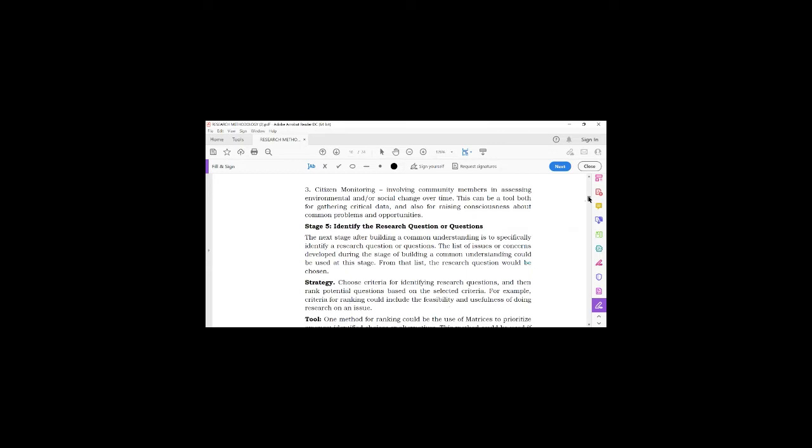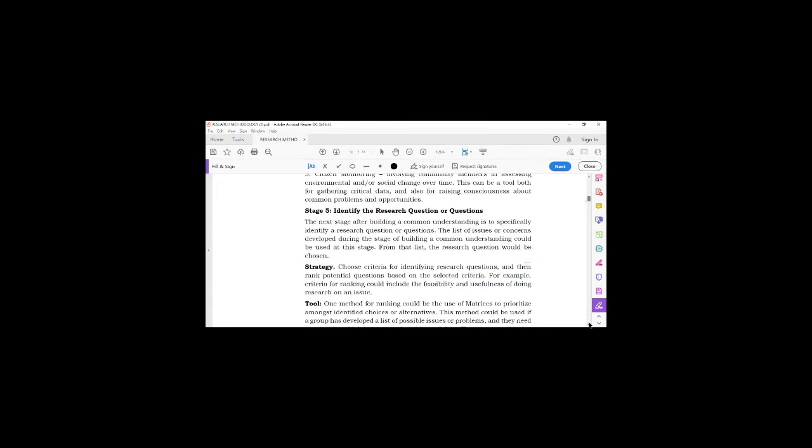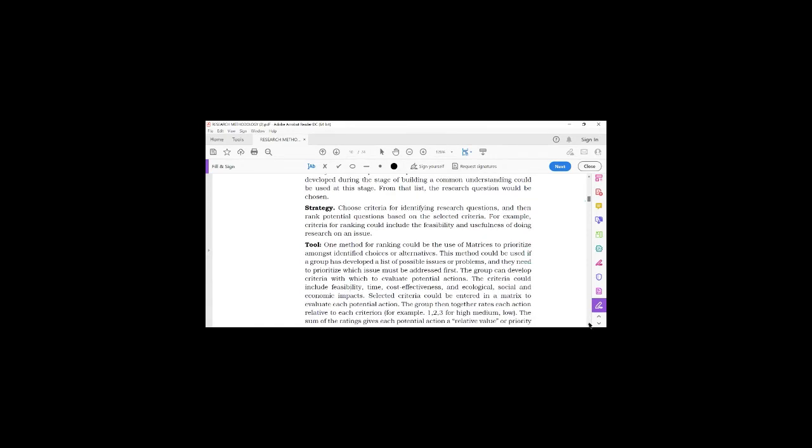Once you have identified these, you choose the criteria for identifying the research question, and then you rank them in potential order, in descending or ascending order, depending on the priority. And then you use different methods or tools. One method for ranking could be the use of a matrix.